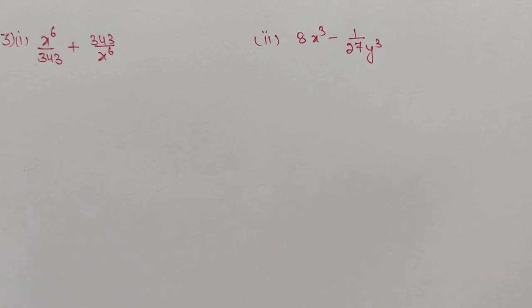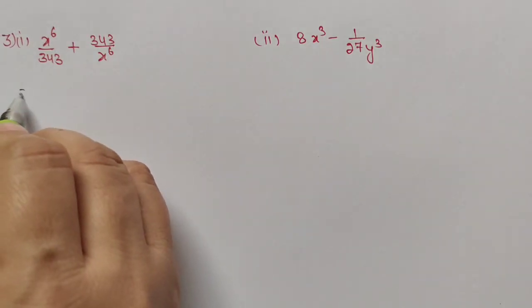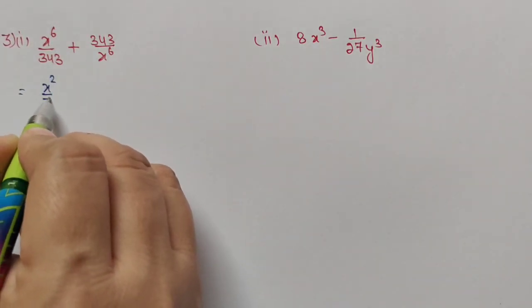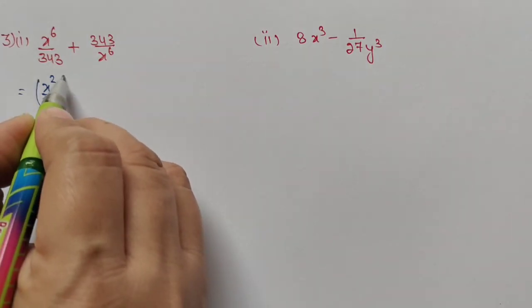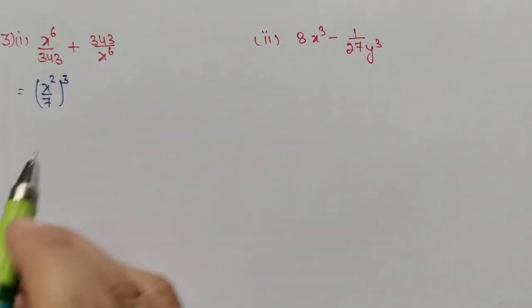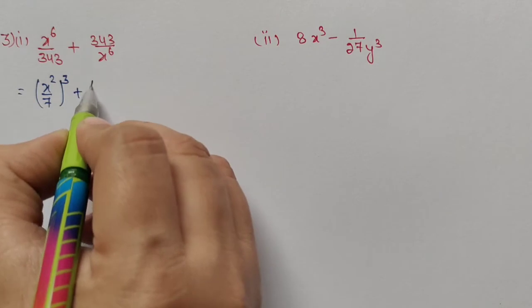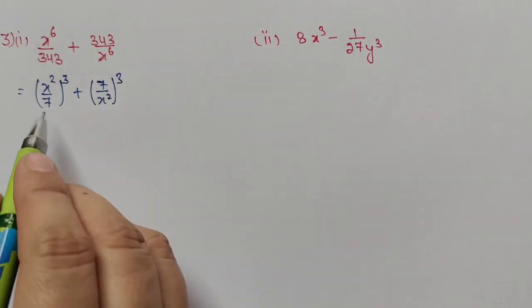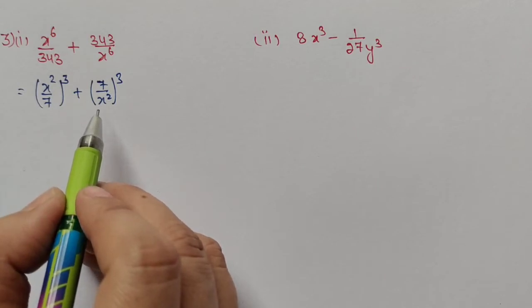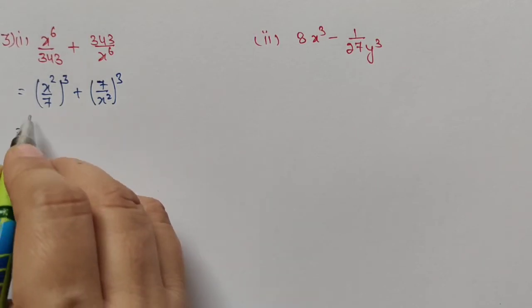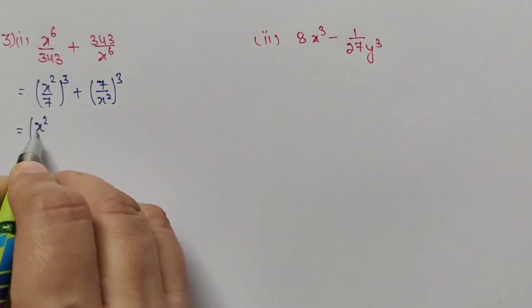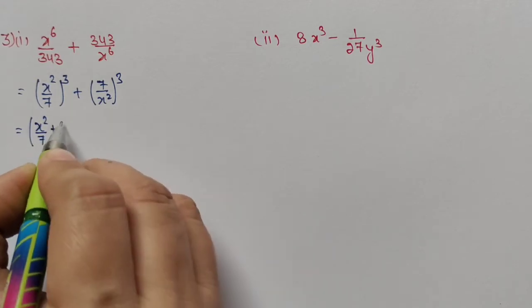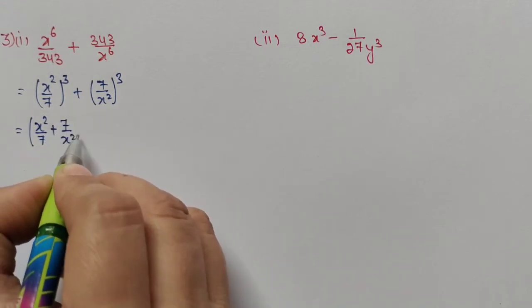Third question, first part, x to the power 6 by 343 plus 343 by x to the power 6. This we can write as (x square by 7) whole cube, and this side we can write as (7 by x square) whole cube. Now it has changed into a cube plus b cube. We can apply the formula. A plus b means x square by 7 plus 7 by x square.